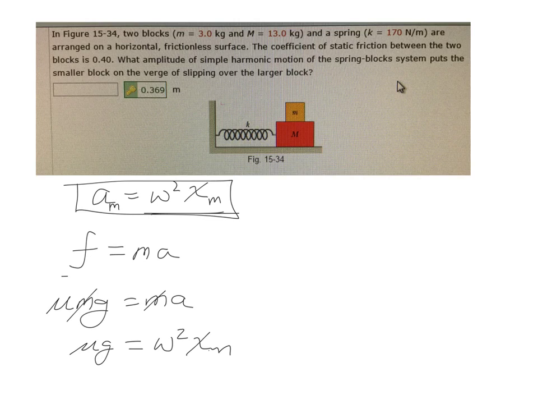So with this equation, and one of the other ones we've solved for before, which is omega squared is k over m, we can make this substitution in for omega squared.